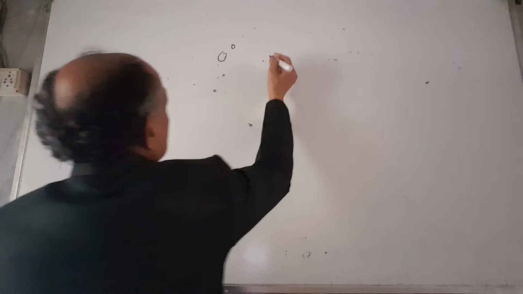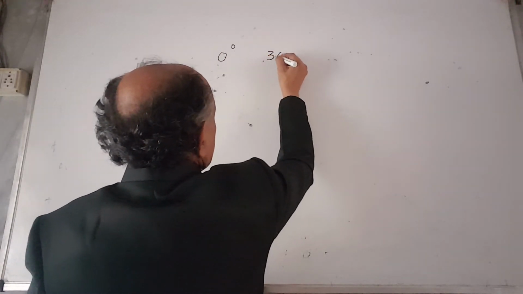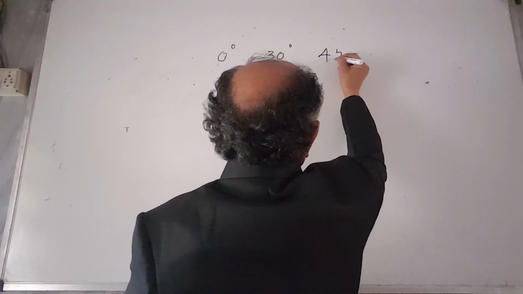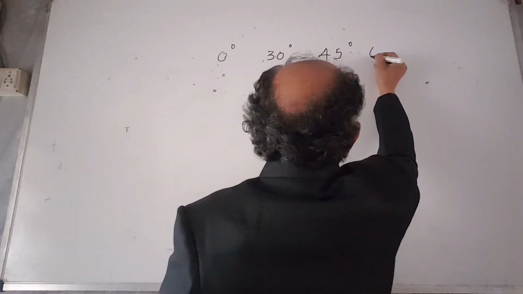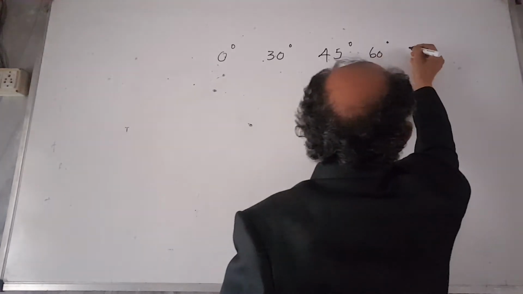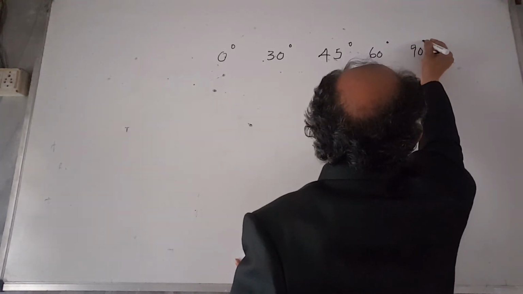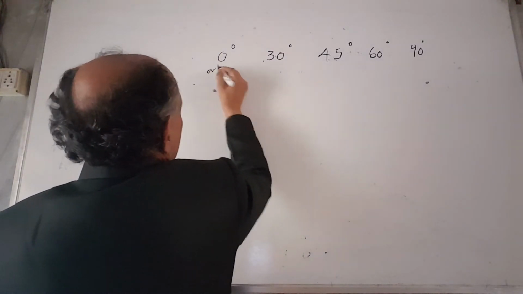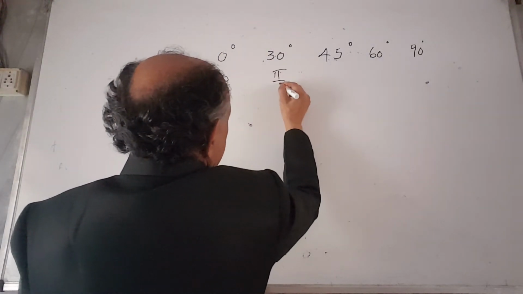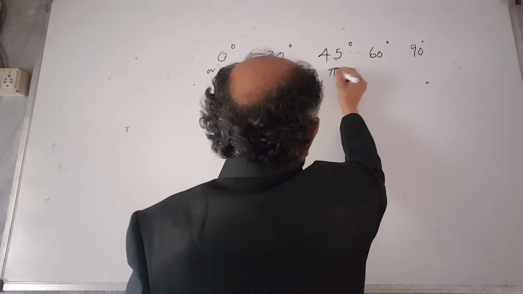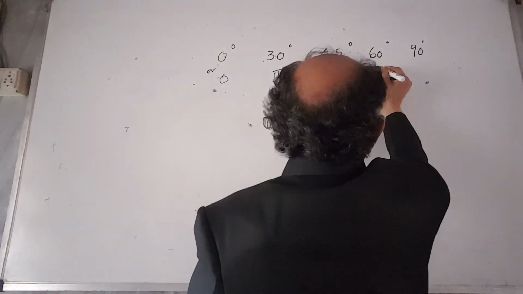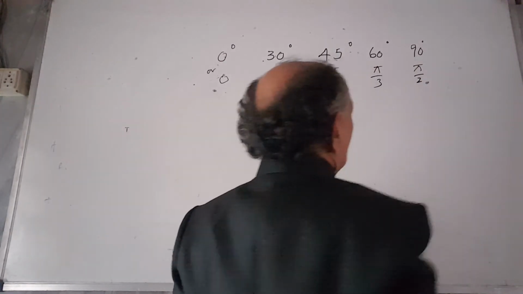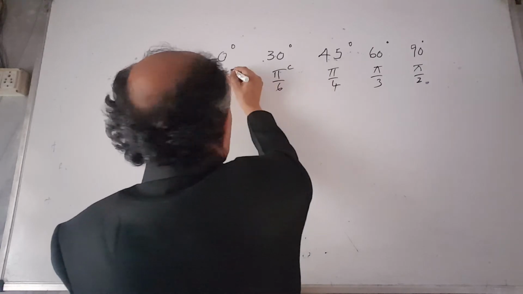0 degrees, 30 degrees, 45 degrees, 60 degrees, 90 degrees, or 0, pi by 6, pi by 4, pi by 3, pi by 2, all in radians.